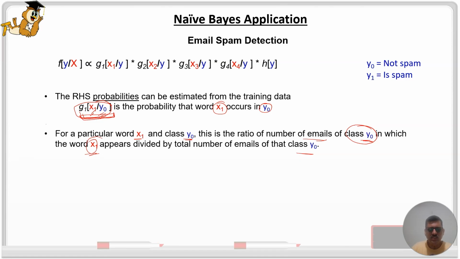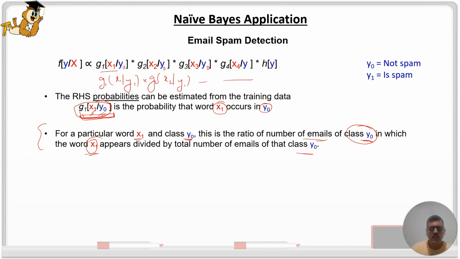So this is how you go about finding G1 x1 given y0, x2 given y0, x3 given y0. Similarly, you will find G1 x1 given y1 multiplied by G2 x2 given y1, and so on and so forth.